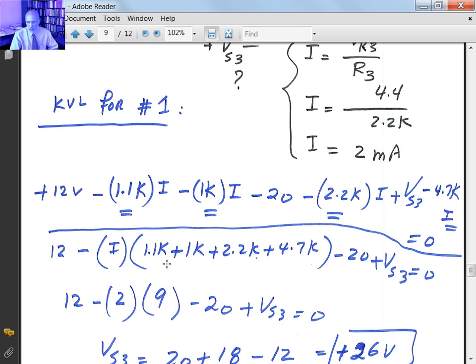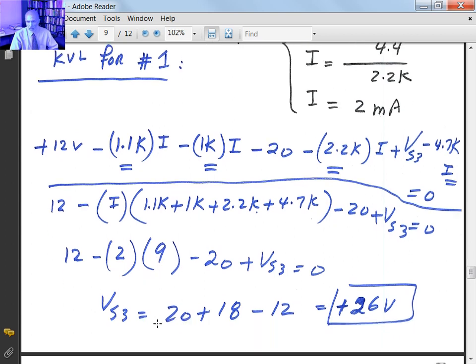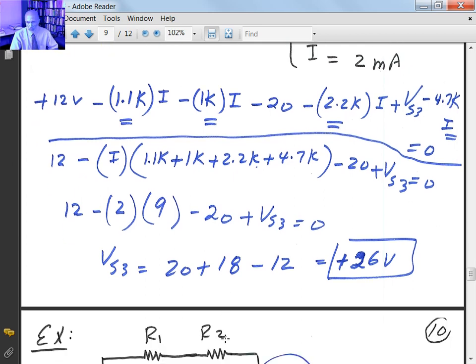Everything here gives you 9K. Current I is 2 milliamps. 9K and milli will cancel out, just giving you 2 times 9. So V_S3 would be equal to, taking everything to the other side of the equation, 30 plus 20 plus 18, minus 12. It gives you 26 volts.